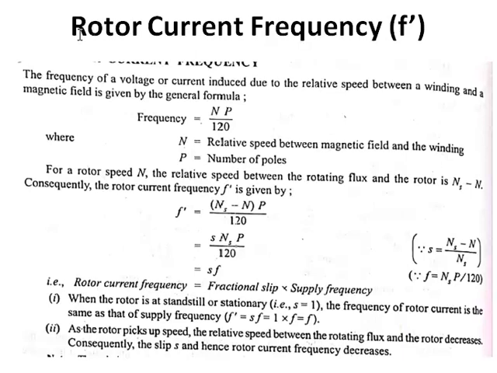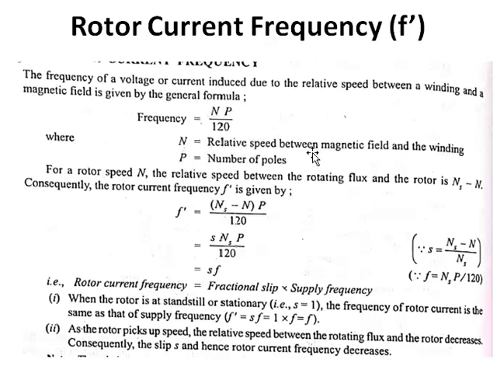We have to do the derivation for the rotor current frequency, and it is represented as f dash. The frequency of a voltage or a current induced due to relative speed between winding and a magnetic field is given by the formula. We have derived this formula already. Frequency f is equal to N P divided by 120. And what is N?